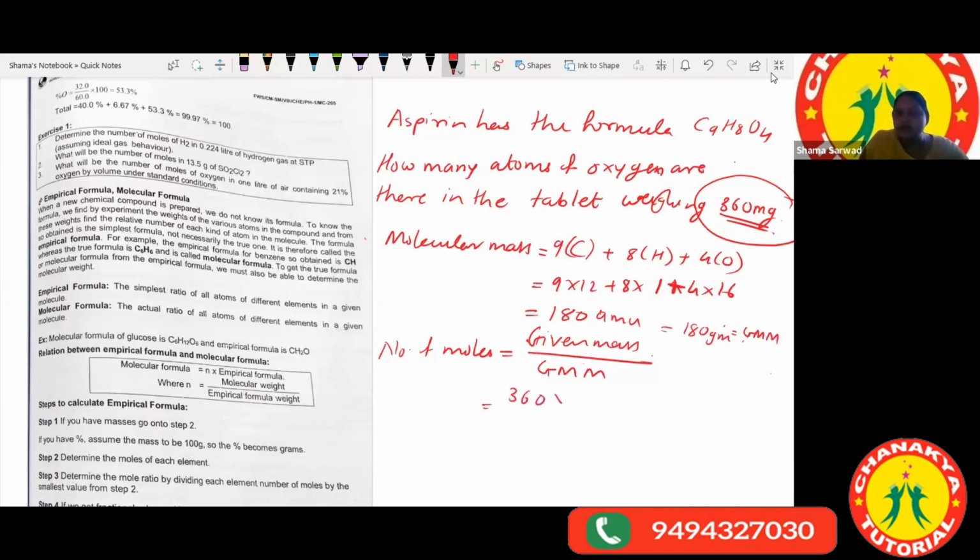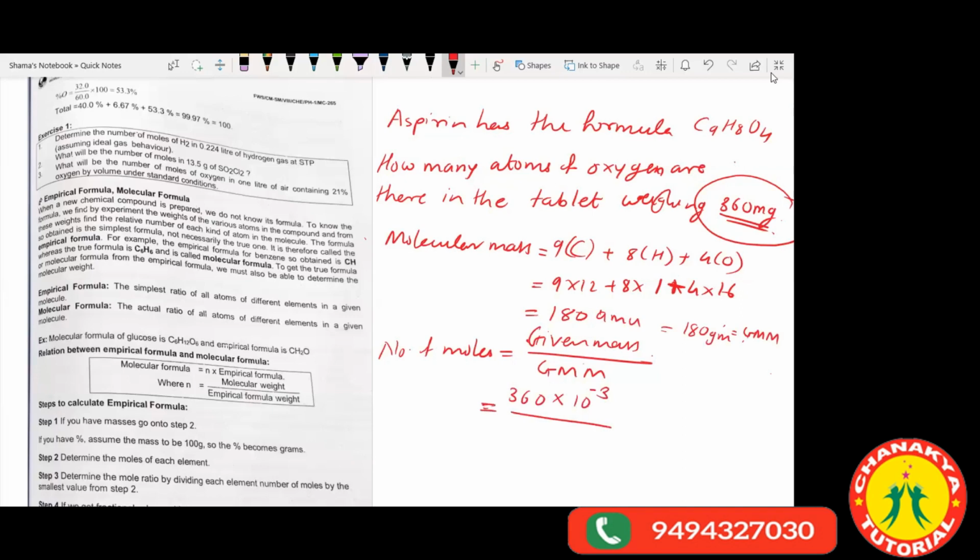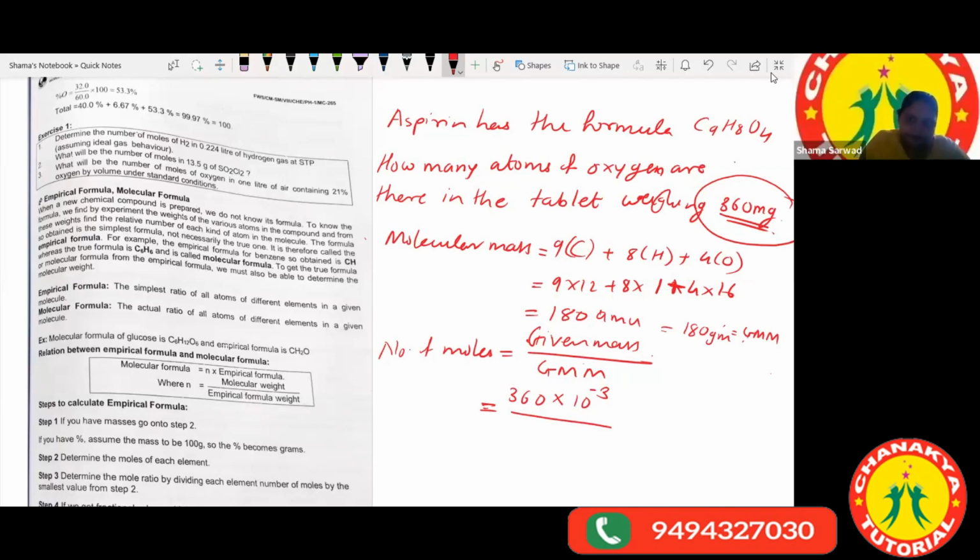If you have to convert it into grams, you need to multiply by 10 raised to minus 3, correct? Do you know why I have multiplied by 10 raised to minus 3? Because 1000 milligram is equal to 1 gram. Here the gram molar mass is given in grams, so the milligram we have to convert into gram.